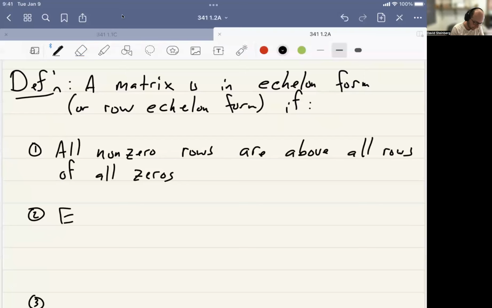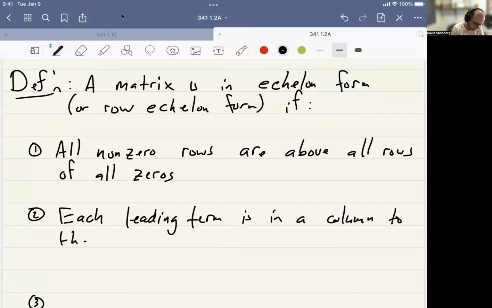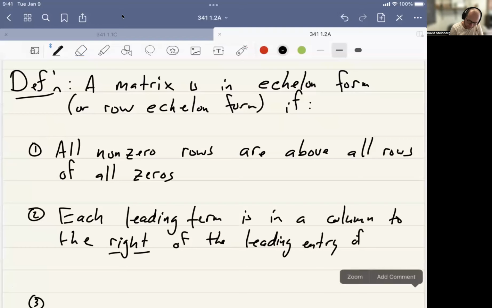Each leading term is in a column to the right of the leading entry of the row above it.